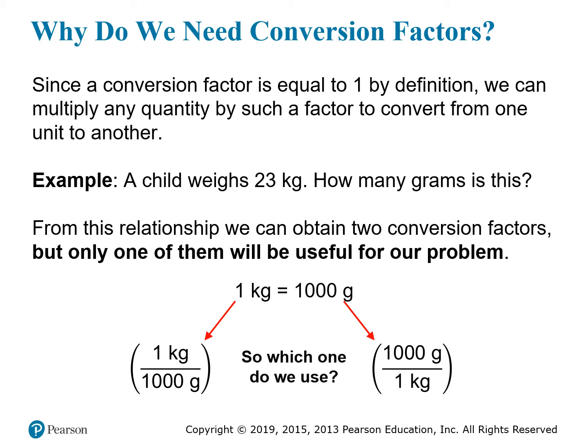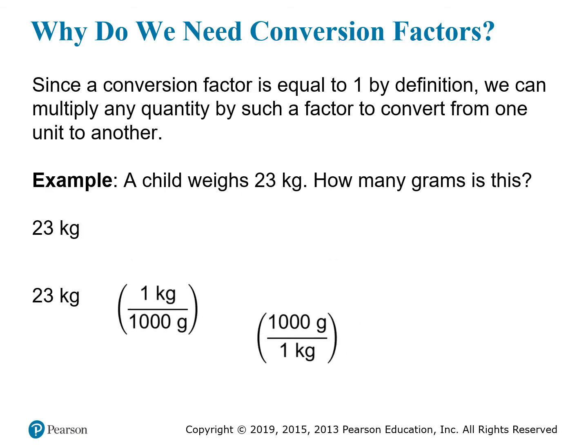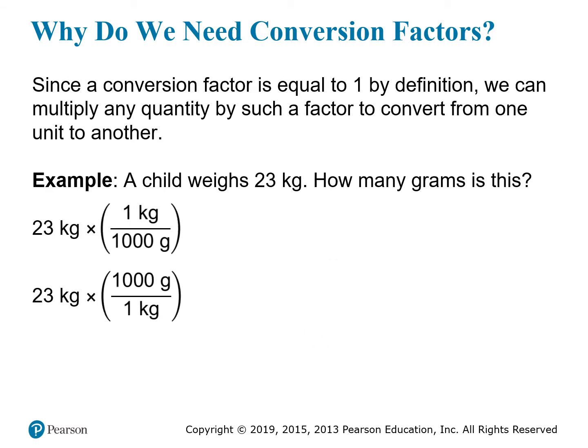How do we know which one? Let's see what happens when we multiply the given weight by each of these two conversion factors. So we have 23 kilograms times 1 kilogram per 1,000 grams, or we have 23 kilograms times 1,000 grams per kilogram. Let's see what happens when we solve each of these possibilities.